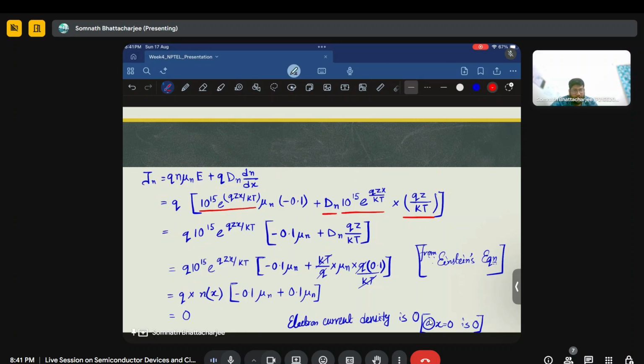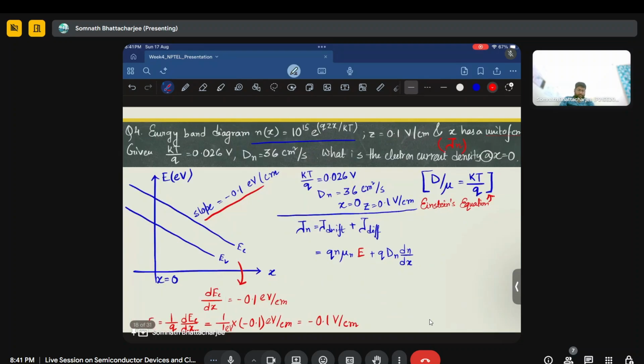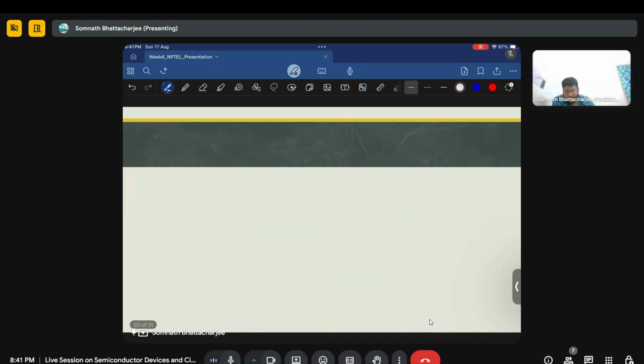Otherwise we have to calculate all the values, and we have to put x equals 0 in e to the power 0 and everything. Are there any questions in this? If there are none, then we'll move to the next one.